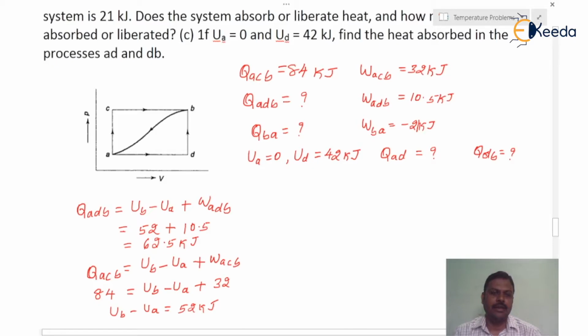Similarly, to find out the heat that is liberated along the process BA, let us apply first law of thermodynamics to process BA. So then QBA equal to UA minus UB, final internal energy is UA and initial internal energy is UB, plus WBA. Here we have UB minus UA.